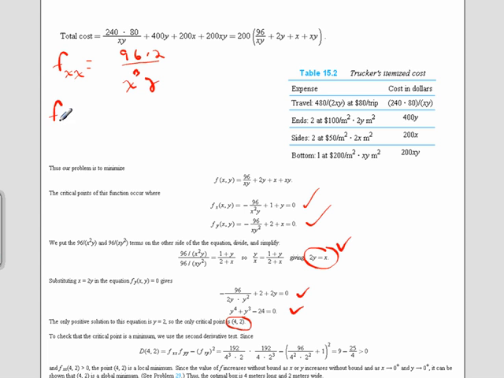And my second derivative with respect to y, using this, is also going to be 96 times 2 over y cubed x. So just taking partial derivatives here. And f partial xy will equal 96 over x squared y squared plus 1.